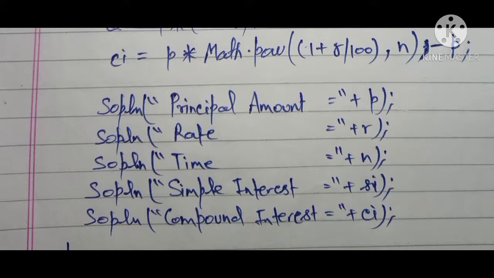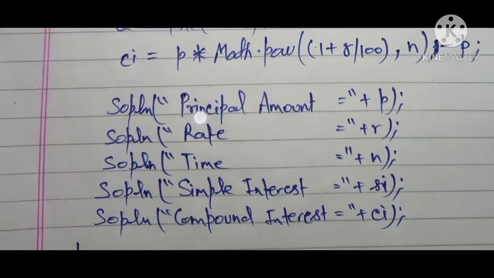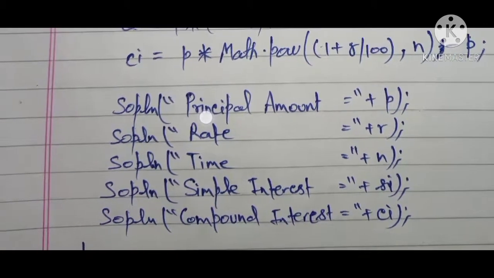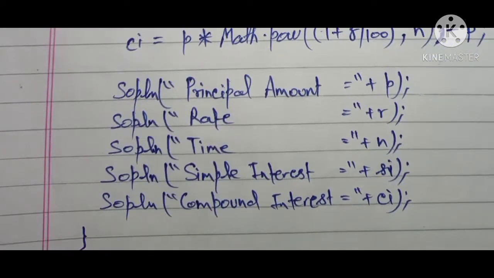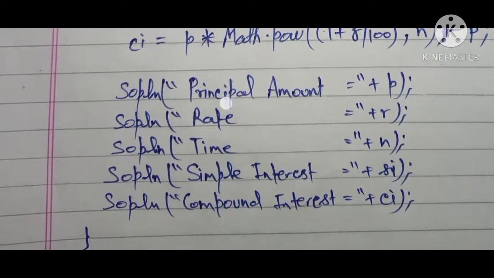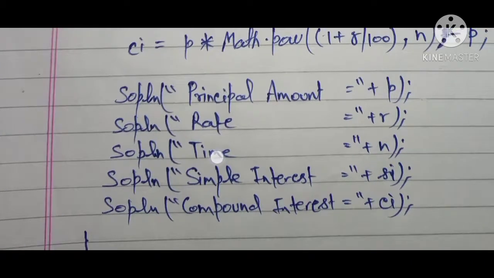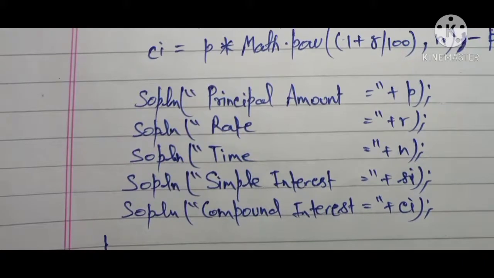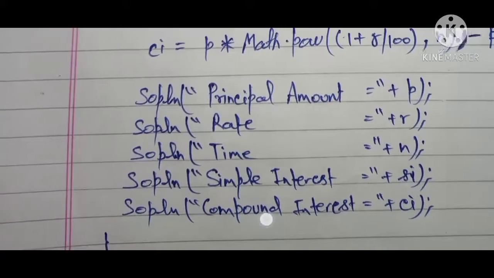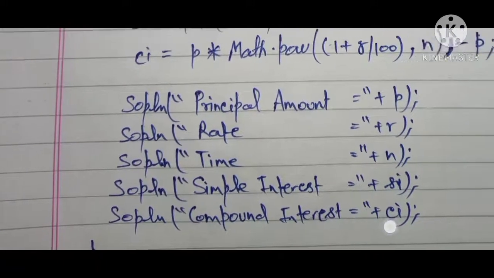If you don't want, you can remove these three lines: principal amount, rate, and time. You can just print simple interest is equal to plus SI and compound interest is equal to plus CI.